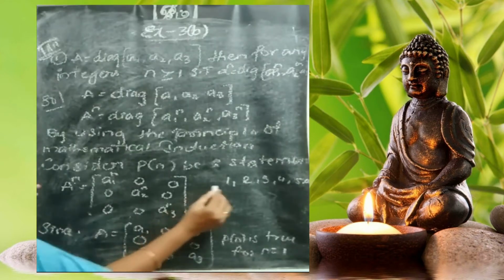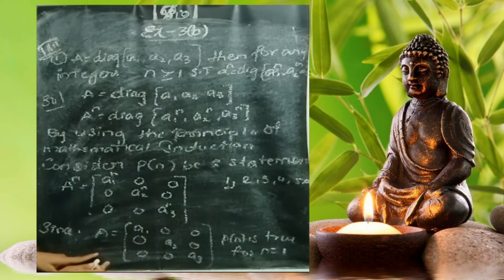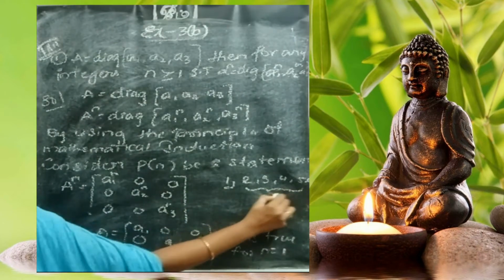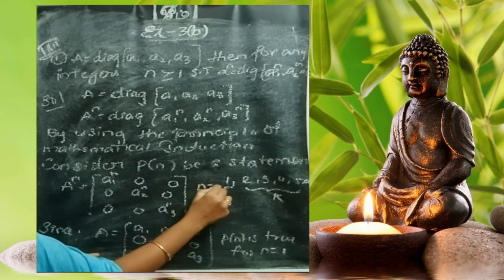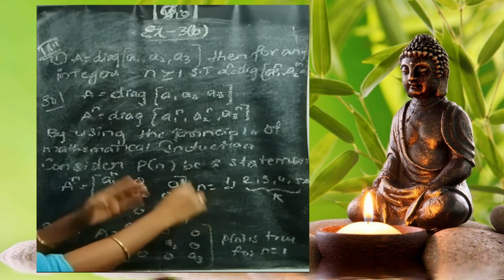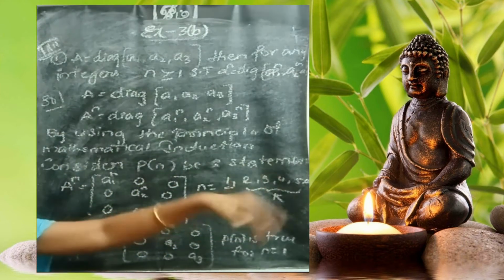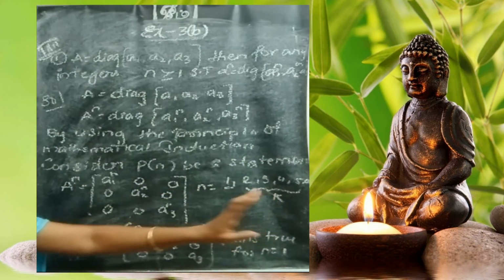Here n equals 1, 2, 3, 4, 5. Let's think of the remaining positive integers as k.